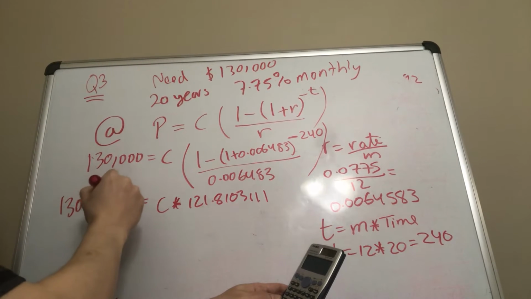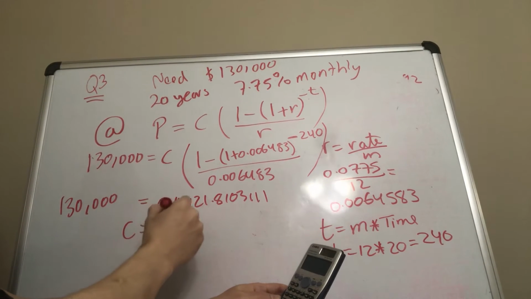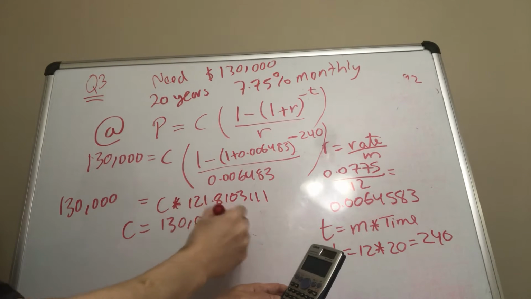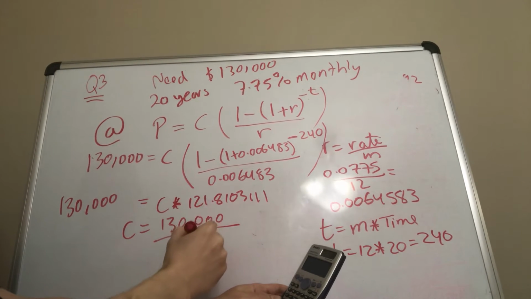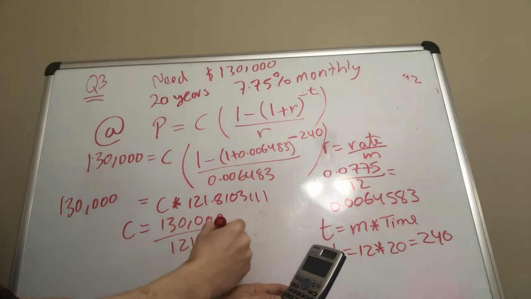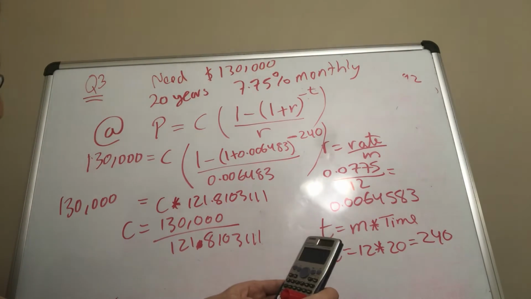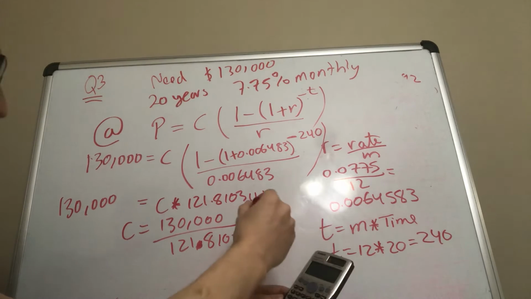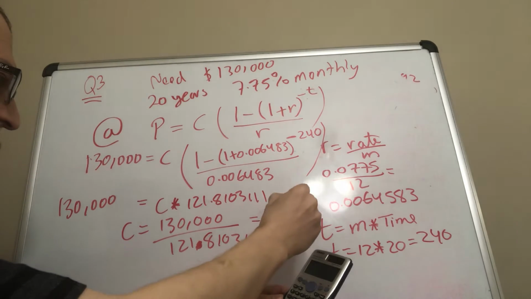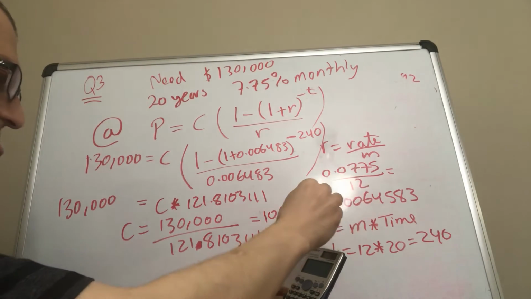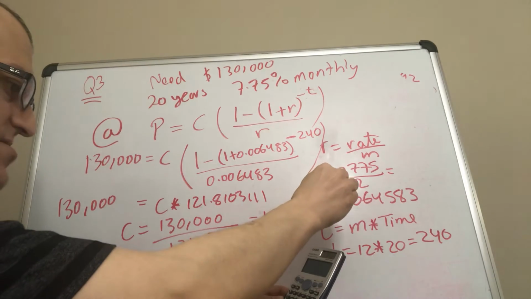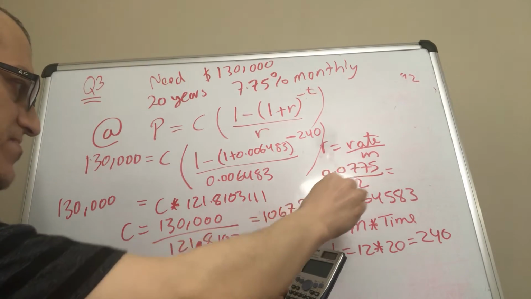And to figure out the amount of payment, we take 130,000 over this number. The amount of payment would be $1,067.233133.